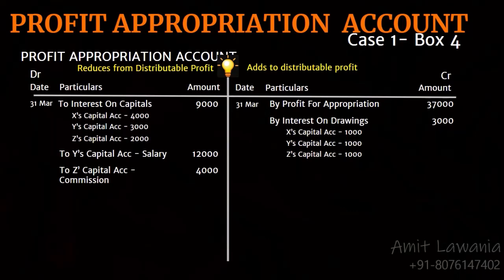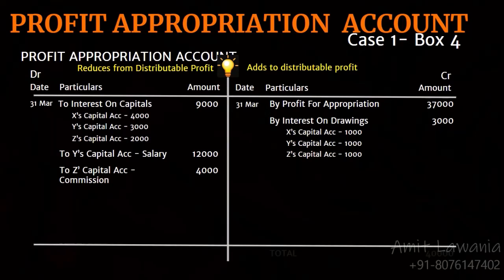No outside person or expense can be seen here. All the adjustments regarding the outside persons are done in profit and loss account, or they are taken care of in box 1. So let's do the totals.